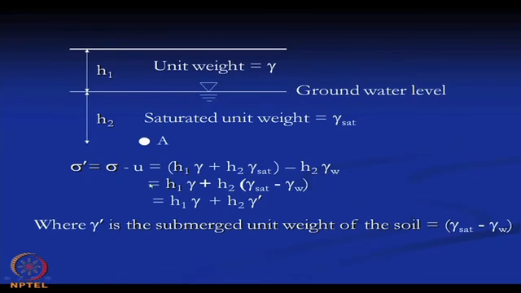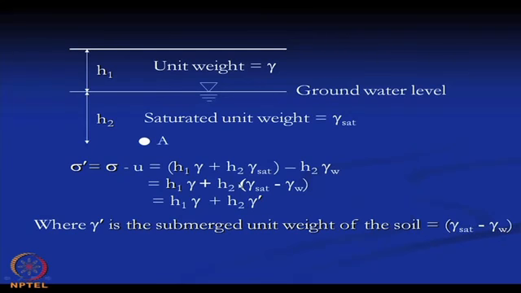Now, here we have H1 into gamma plus H2 into gamma sat minus gamma W, taking H2 common. So, this is H1 gamma plus H2 gamma dash. This gamma dash is called the submerged unit weight of the soil, which is equal to gamma sat minus gamma W.